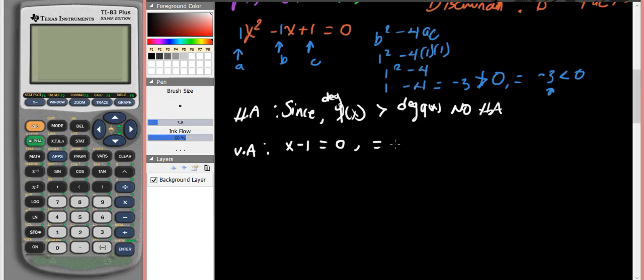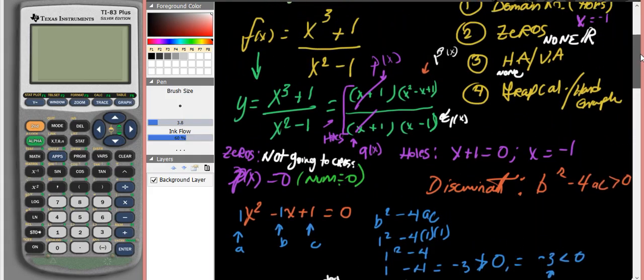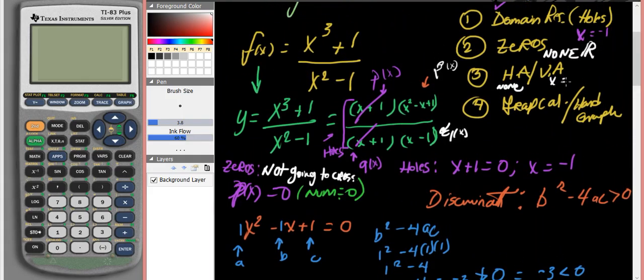And, of course, we'll have x is equal to, oh goodness, negative 1 here. Positive 1 here, sorry. So we'll have x is equal to positive 1. Okay, that's my vertical asymptote. And we'll go up from here. Vertical asymptote will have x is equal to positive 1 there.